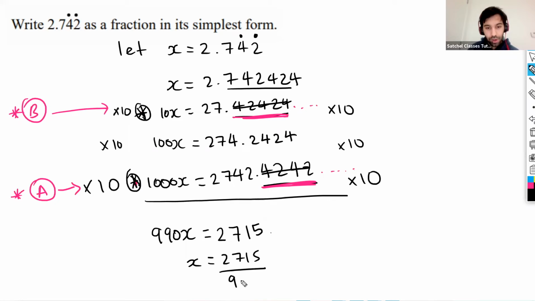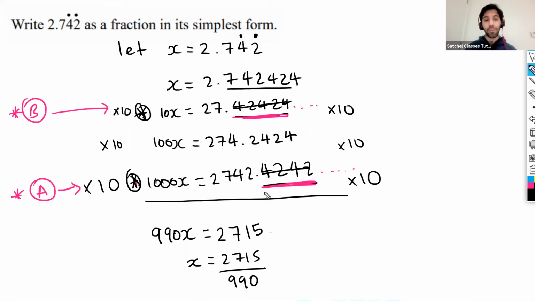2715 over 990. Now, it says as a fraction in its simplest form, we should be able to notice that both numbers end in a 5 and a 0, so they are both multiples of 5. So we can divide both by 5.